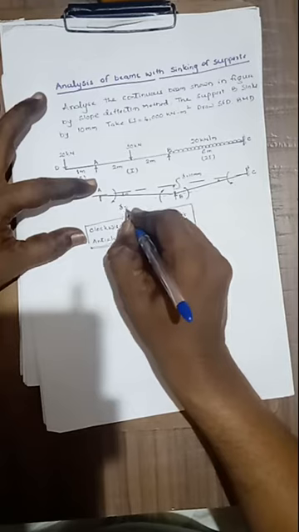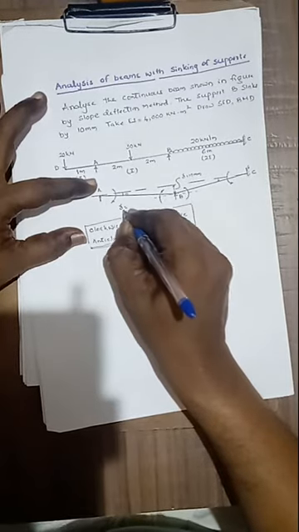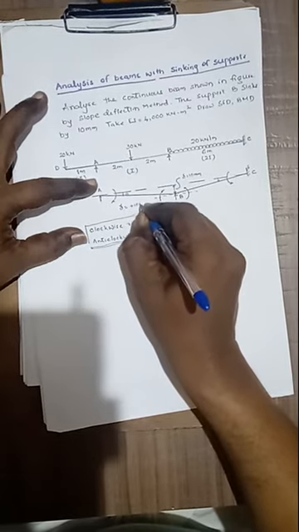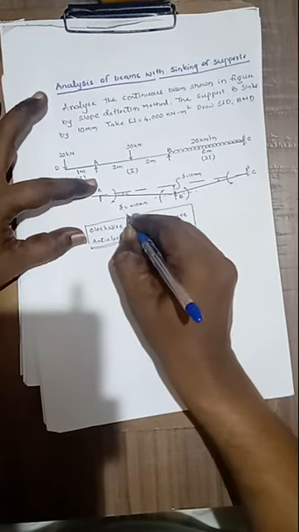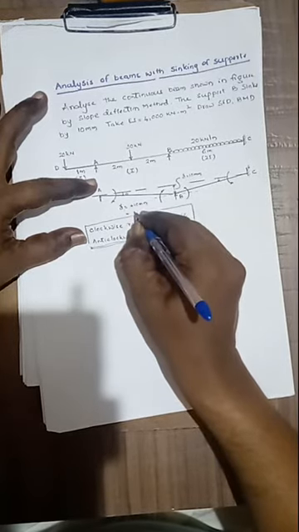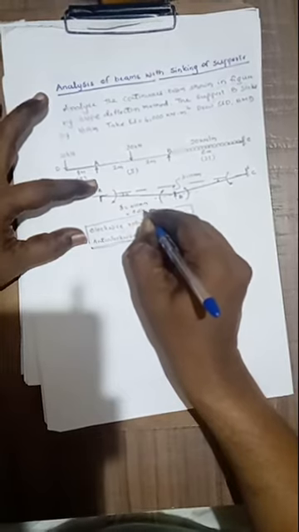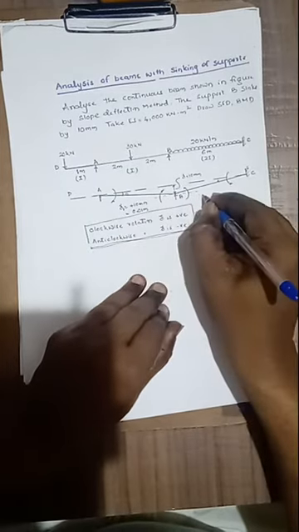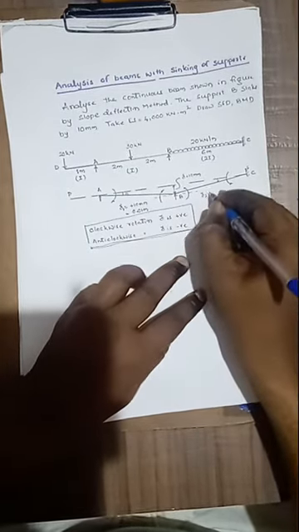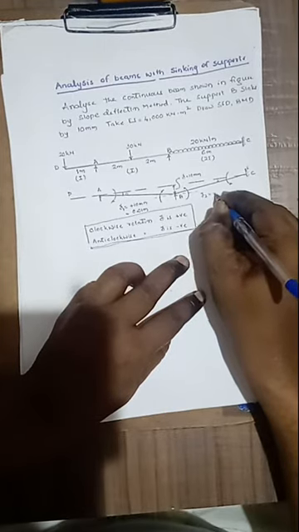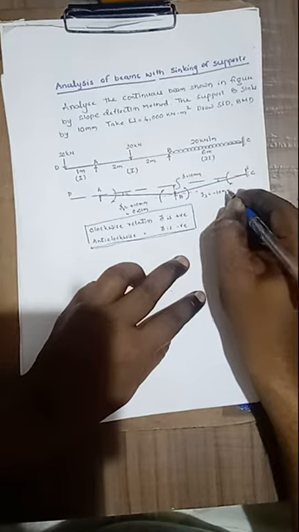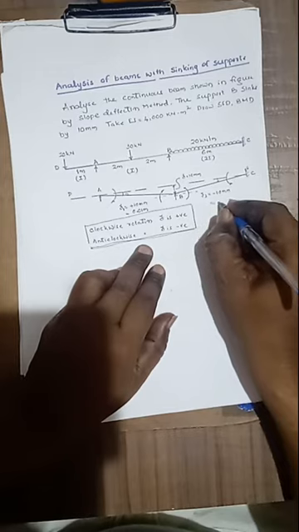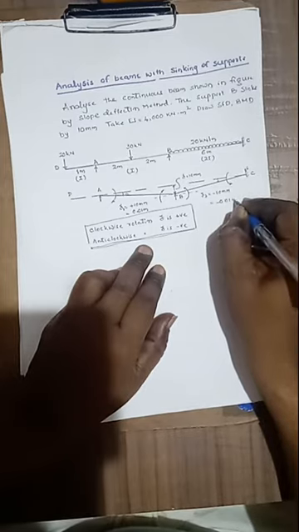So delta 1 or delta AB is plus 10 mm, converted into meters, 10 divided by 1000, 0.01 meter. Similarly, for the second span, delta 2 is minus 10 mm, since the rotation is anti-clockwise, that is minus 0.01 meter.